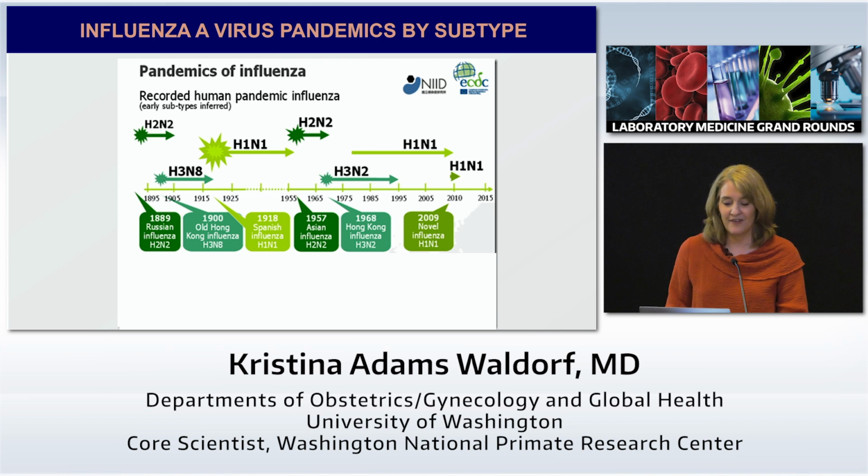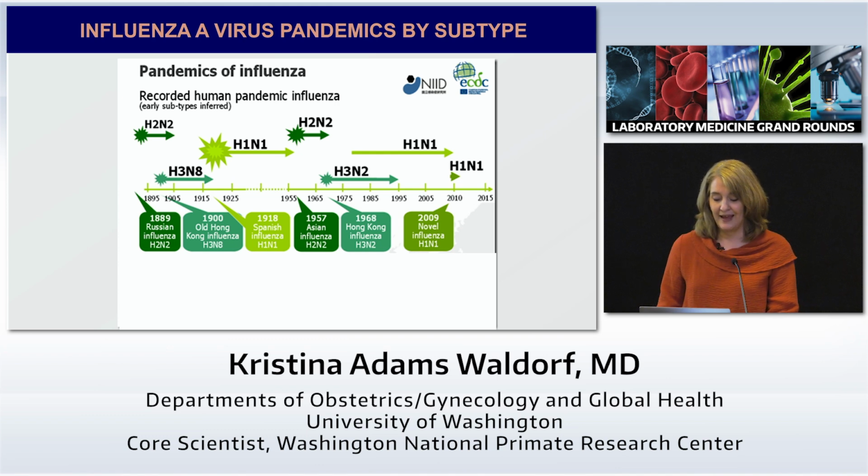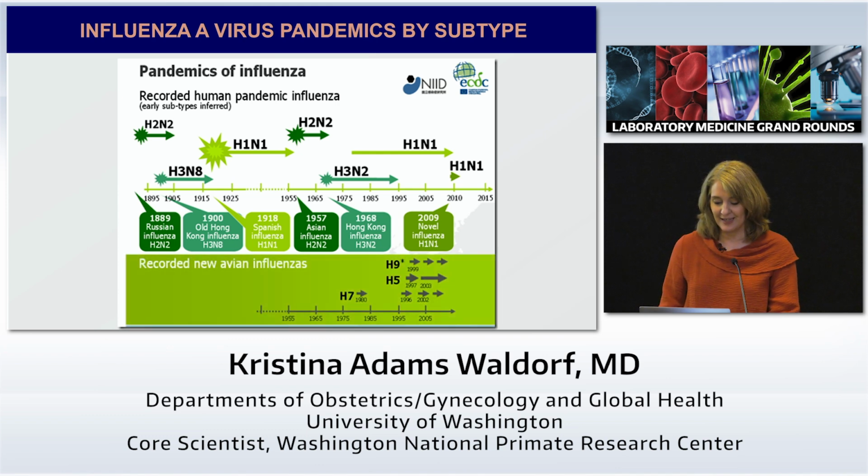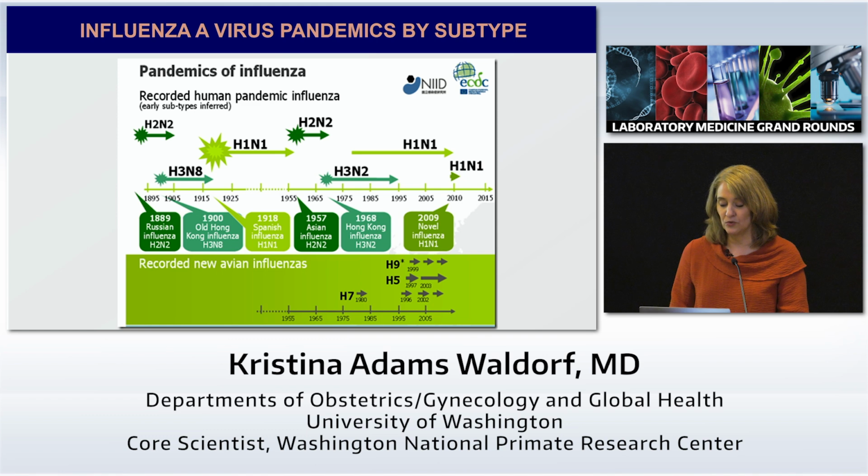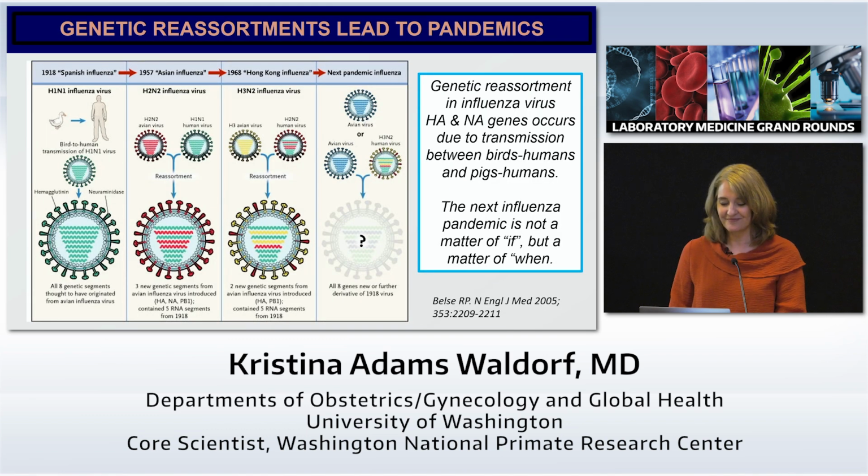So influenza A virus pandemics by subtype, there have been many over the last century or so, and they keep evolving and keep changing. And there are new avian influenza viruses that threaten to combine with these old ones to make new ones. And so I kind of like this graphic very much.